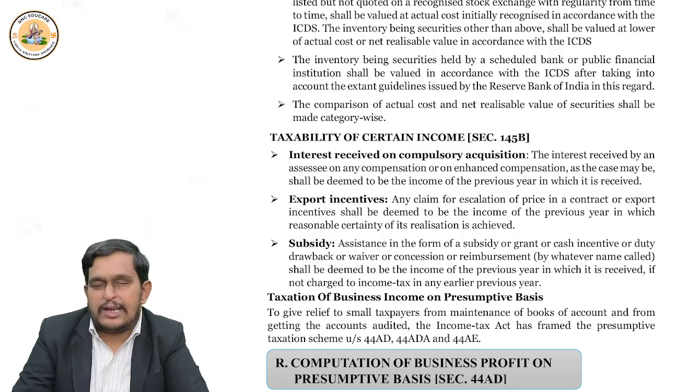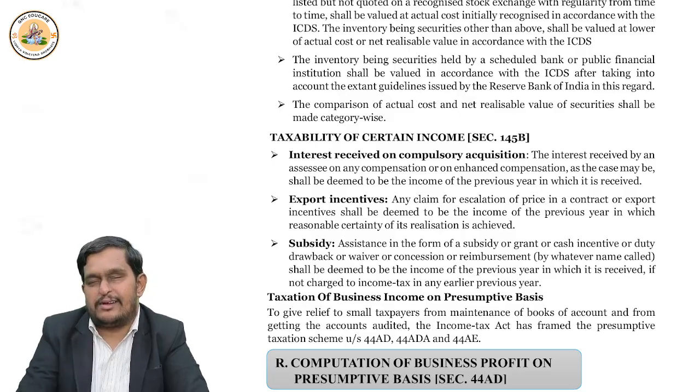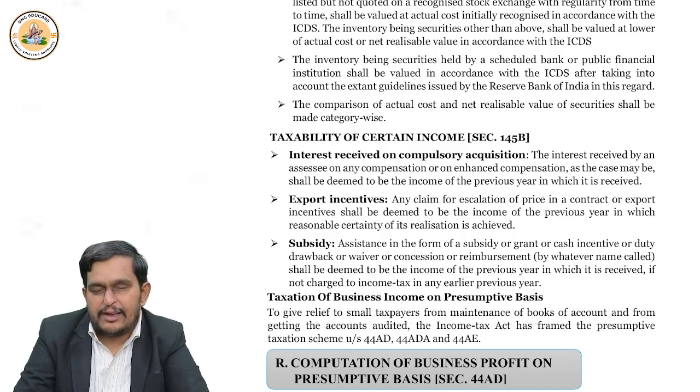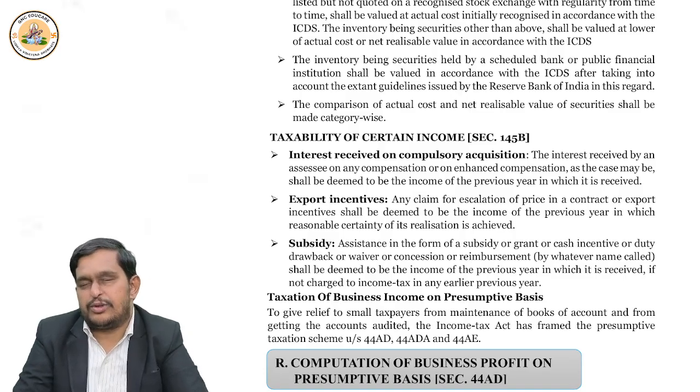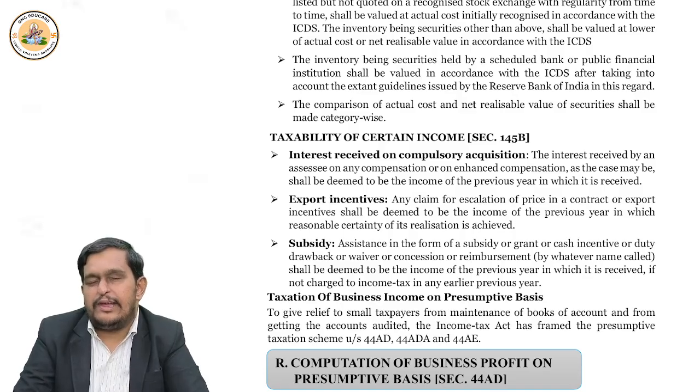And that too, not under PGBP, it is taxable under the head income from other sources. Clear to all of you? So any interest on initial compensation or enhanced compensation which you receive during compulsory acquisition by the government of your property is taxable on receipt under the head income from other sources.